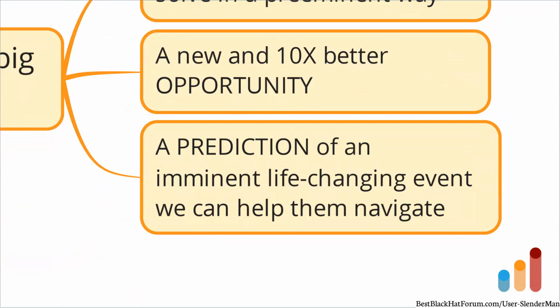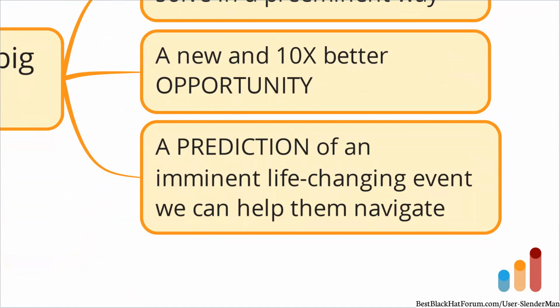And those three things, problem, opportunity, prediction, almost no matter how you get into your sales message, those are the three underlying big idea categories that represent the foundation of nearly every majorly persuasive message out there.